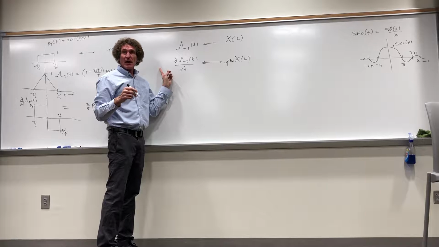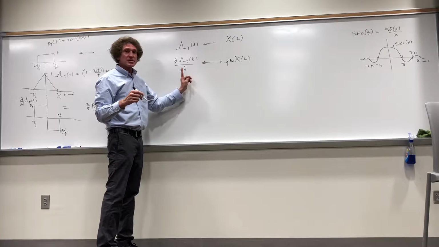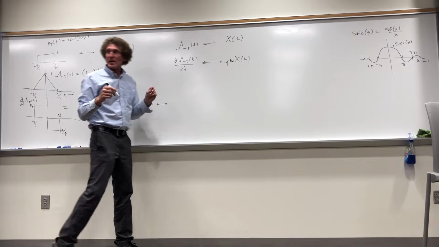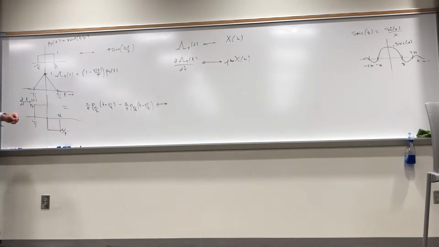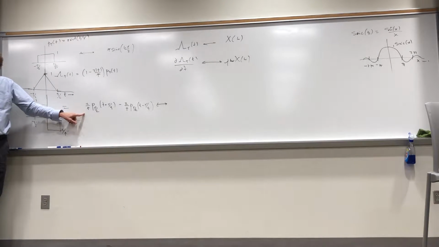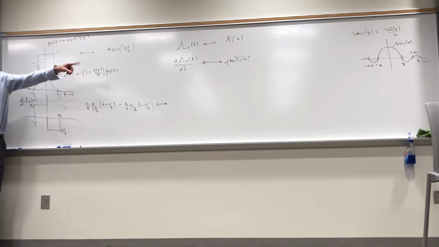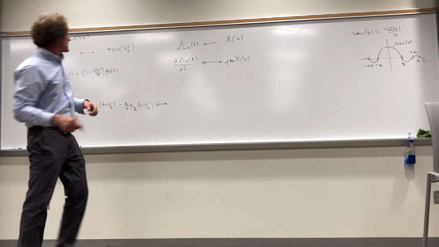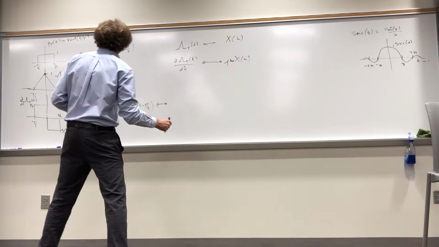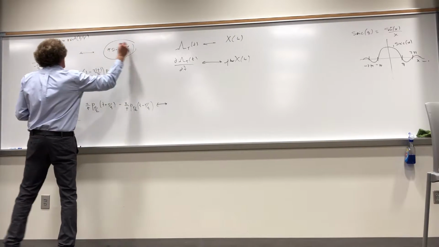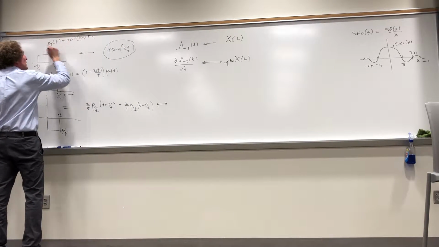Everybody? Now, look, let's do this transform. Work with me here. What is the transform? Well, the transform of this part, that's a pulse function, isn't it, class? So the transform of a pulse function, I put it right here. That's the transform of a pulse function, right?